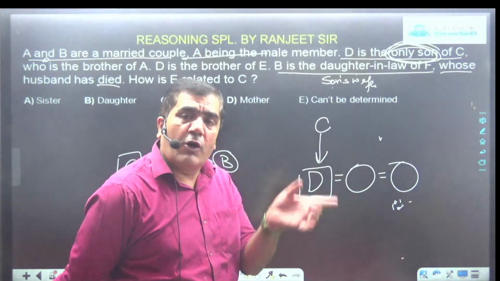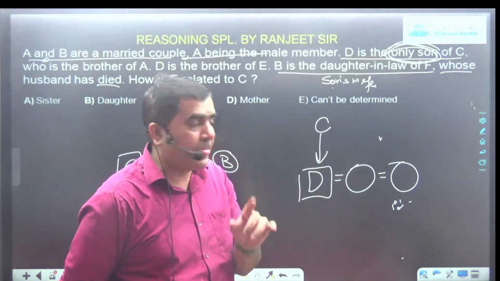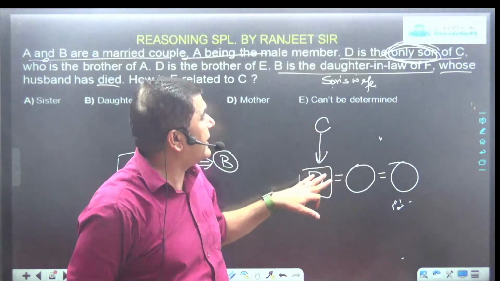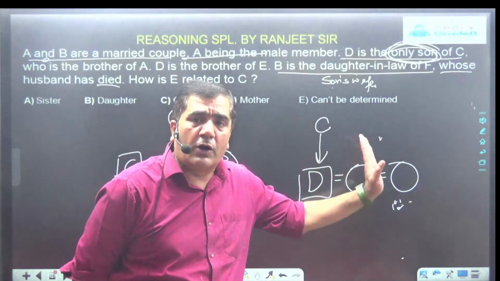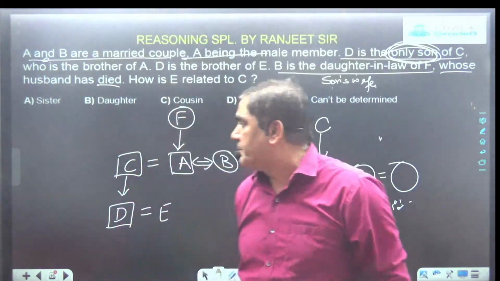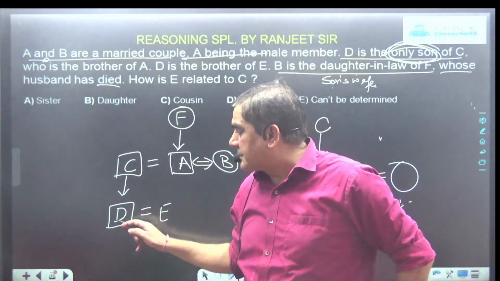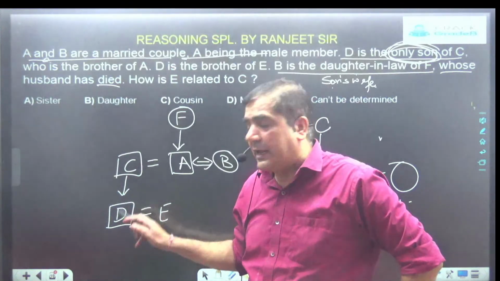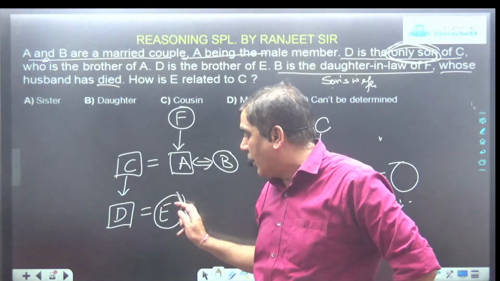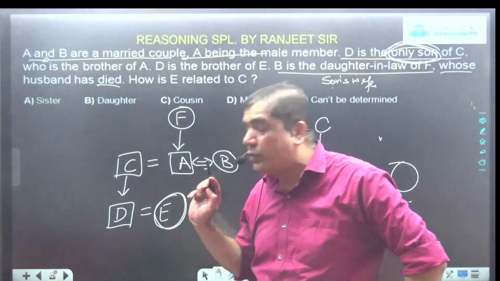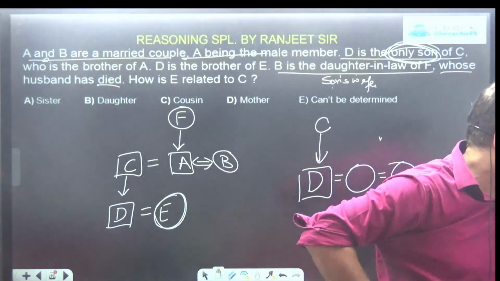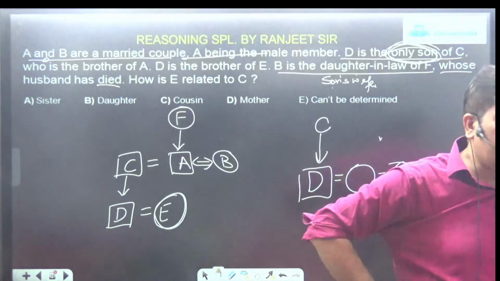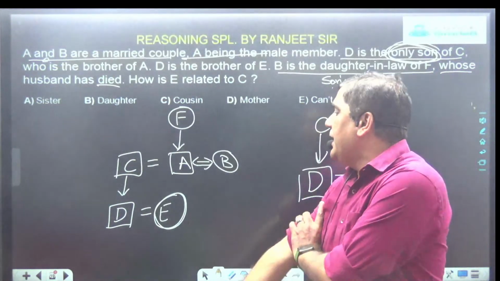They have given D is the only son of C. Sorry, C will have only one son as D, and the rest all will be daughters. So from here what can I assume? C will have only one son as D, so E must be daughter. The gender of E is known to me by using the word only. Clear? Now they are asking how is E related to C?